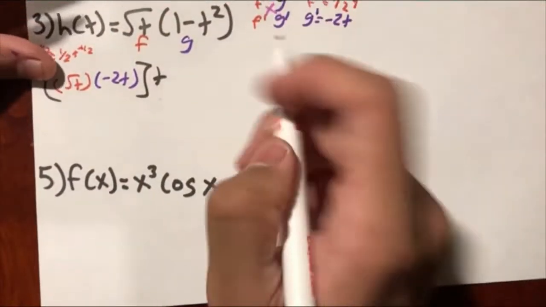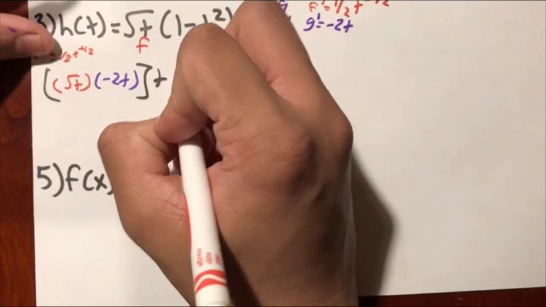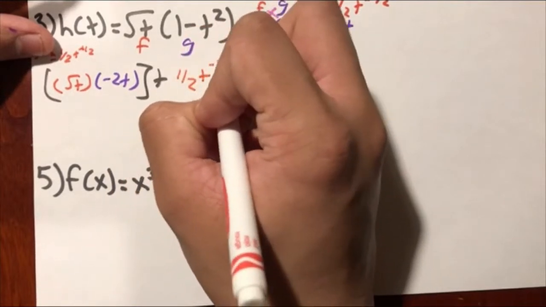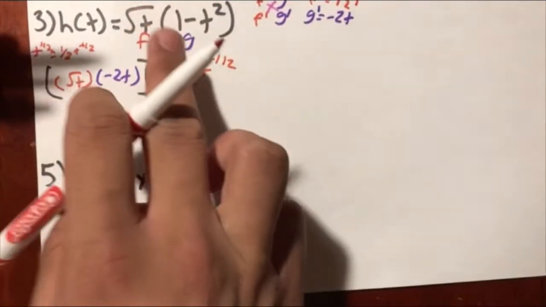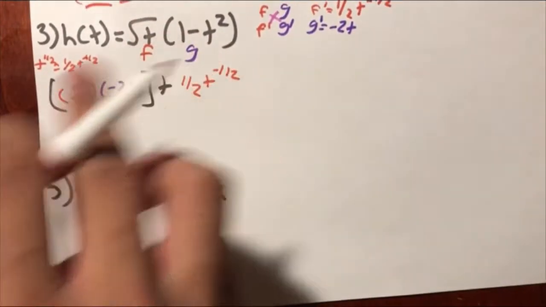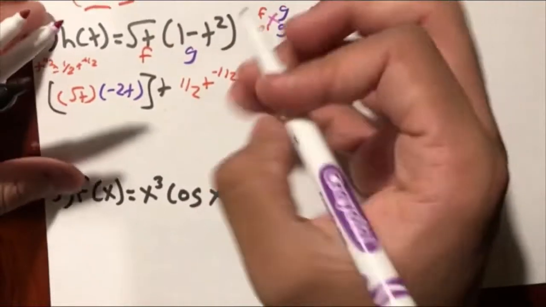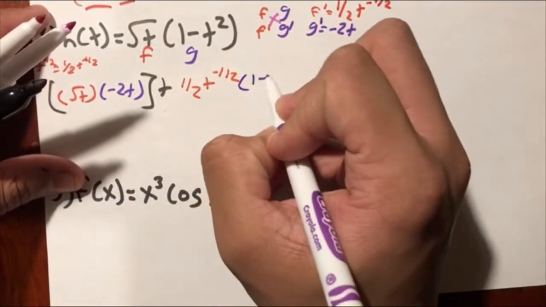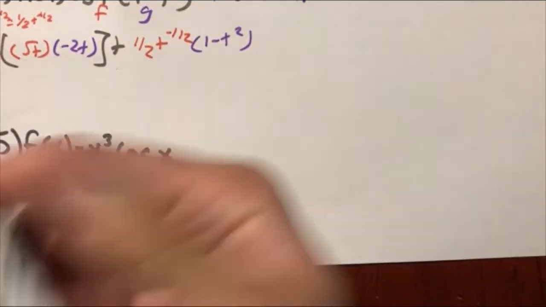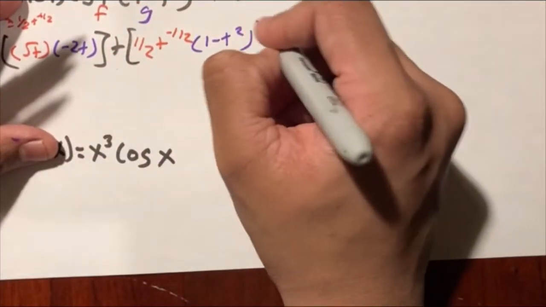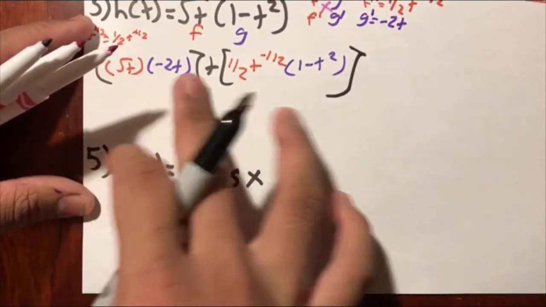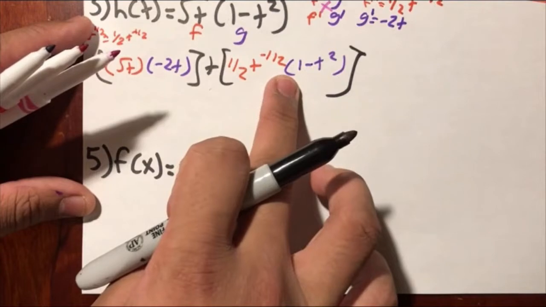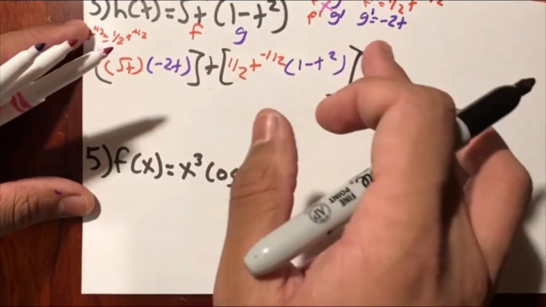Then I have my derivative f, which I found to be 1/2 t to the negative 1/2 times g, which is, I was given 1 minus t squared. And you would multiply those two, add it, and then you should get your answer.